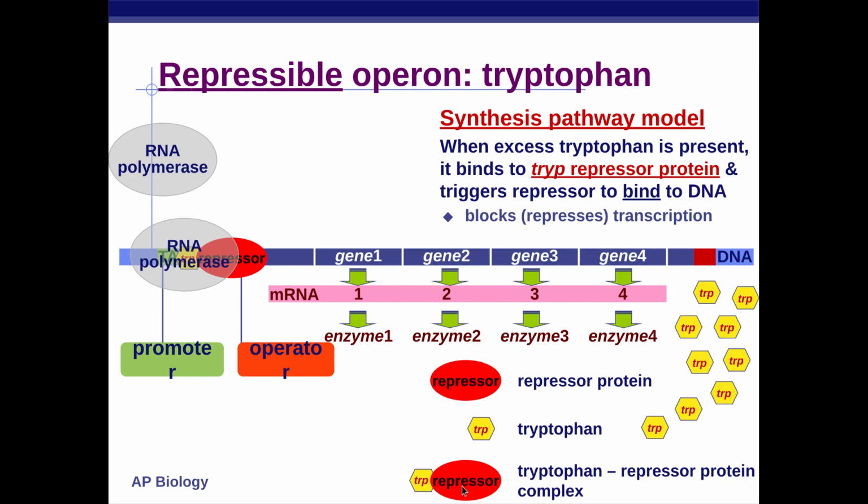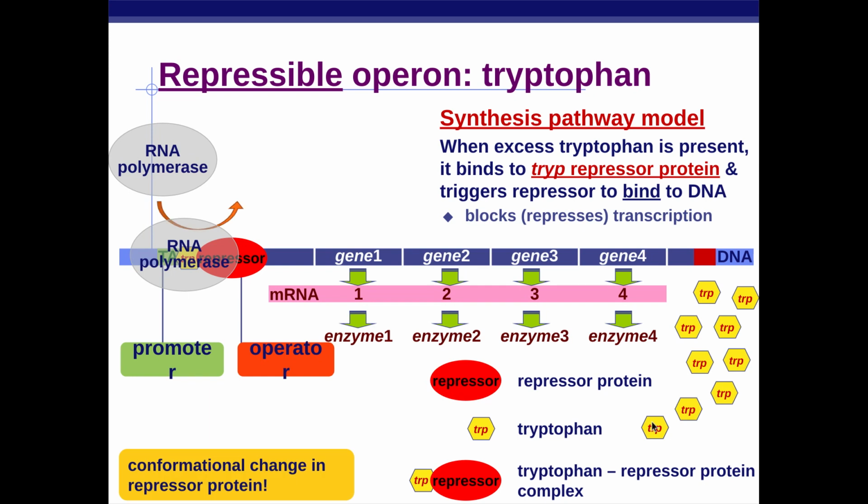When there is tryptophan present in the environment, then the synthesis is not required, right? Because the cell doesn't want to waste energy on synthesizing tryptophan when tryptophan is already present. So what happens then is tryptophan will come and bind to the repressor protein.